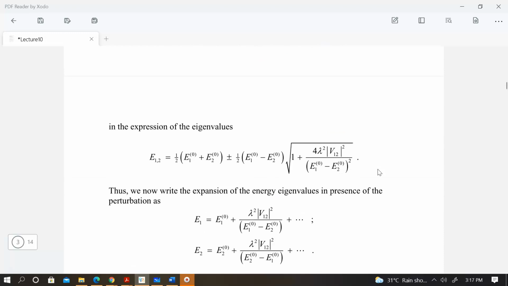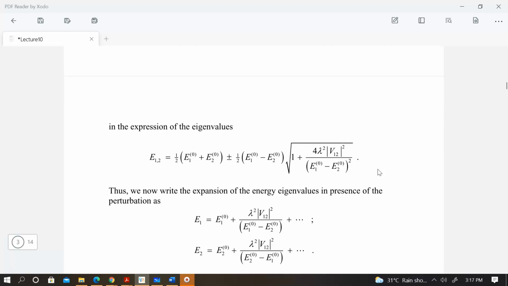So this is the thing in full, and in this particular case, your E1 is given by the one with the upper sign. If this is just 0, then you can see that E1 plus E2 plus E1 minus E2, so your E2 will cancel out and you get your E1. Then the lower sign will give you the E2.